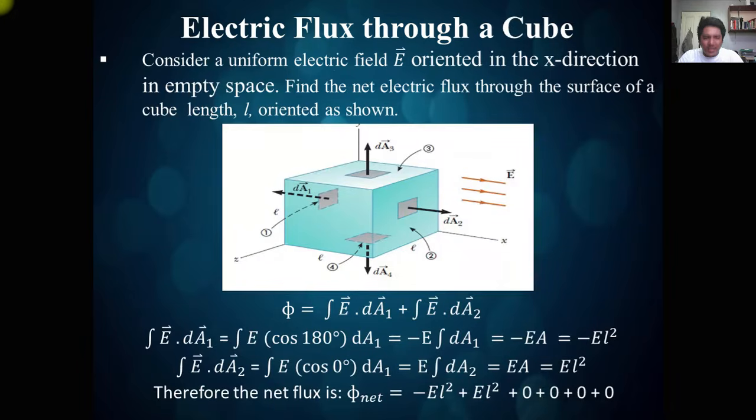Later on we're going to discuss that. So here is our solution for that. I hope you can follow. So our net electric flux in the cube is zero.